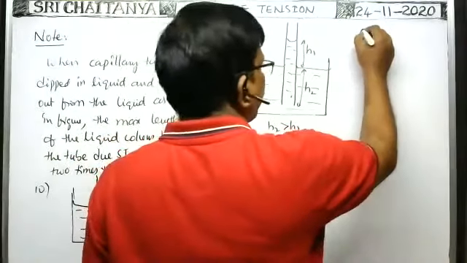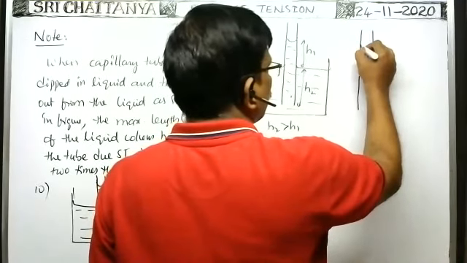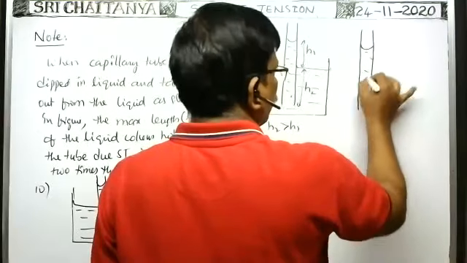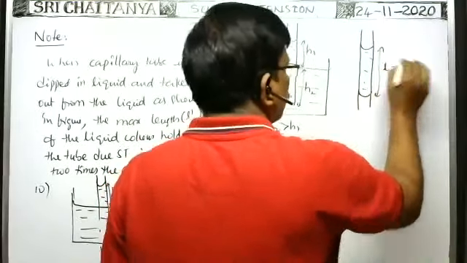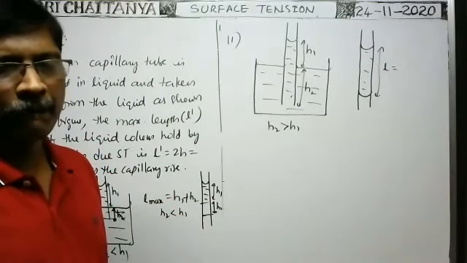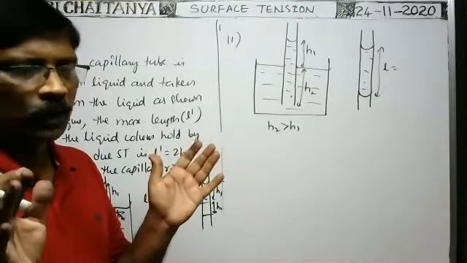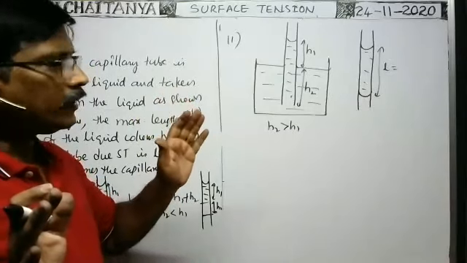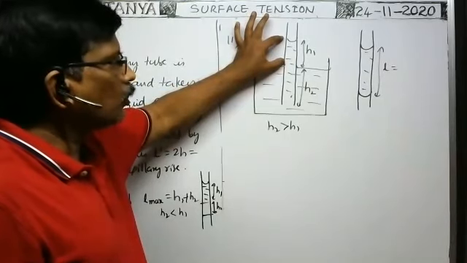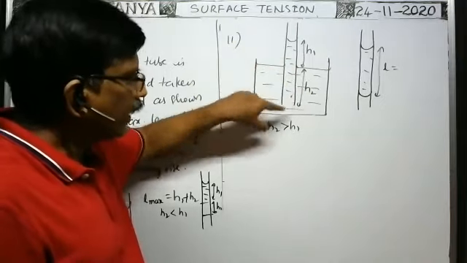Then when the capillary tube is taken out, what is the length of the liquid column that is held by the capillary tube? Anybody else? The maximum length of the liquid column that can be held by the capillary tube is only twice the capillary rise. Here, this is H1, the capillary rise. The maximum length is 2H1 only, but the length of the capillary tube inside the liquid is greater than H1.